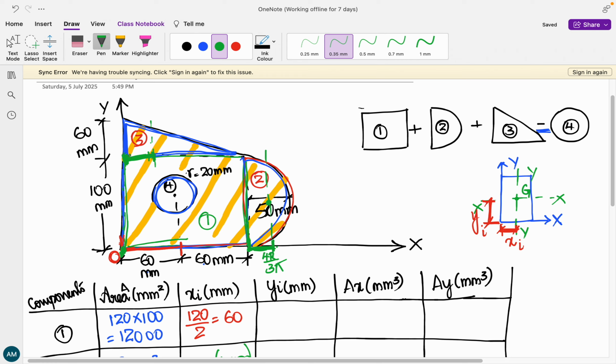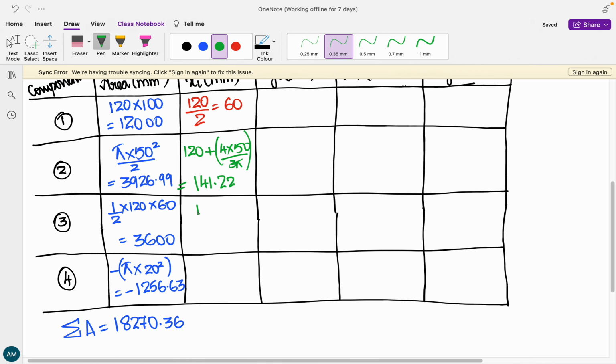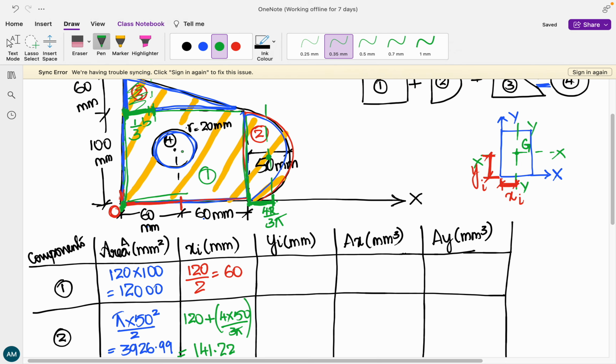So if we remember, the area is going to be more, or mass is going to be more, hence this is going to be 1 by 3 of your breadth. What is the breadth or base of your triangle? 120. So it is 1 by 3 times 120, which is 40.